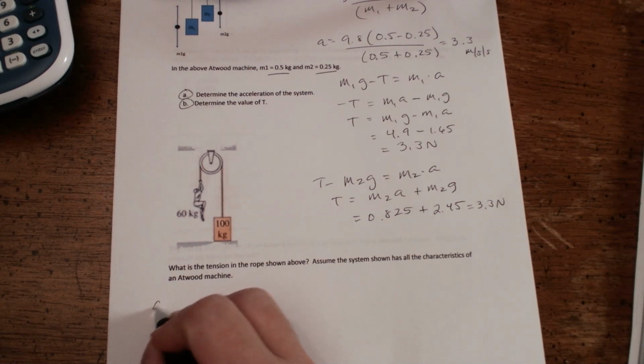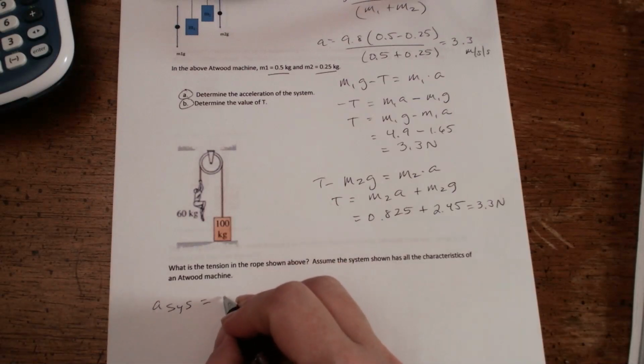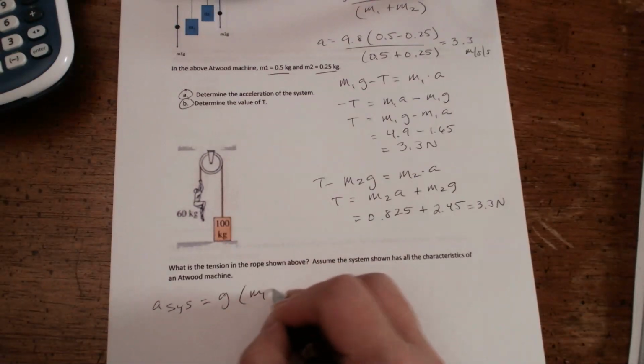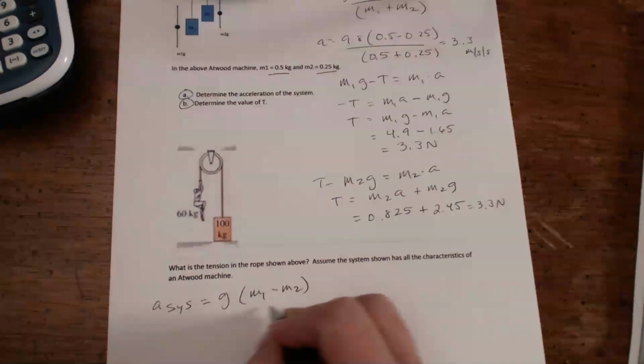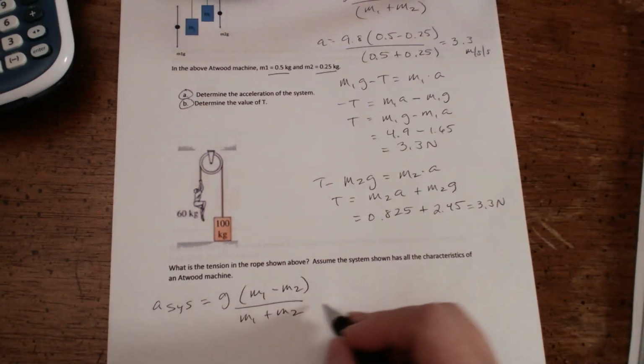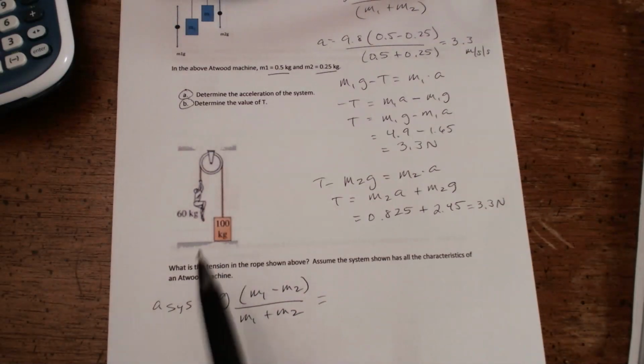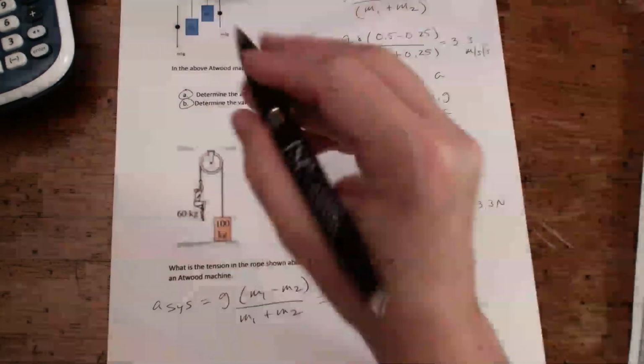We're going to get the acceleration of the system first because we need that to get a tension value. So we've got g times m1 minus m2 over m1 plus m2, and I'm going to take m1 to be the larger mass.